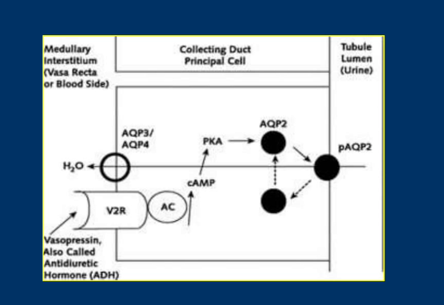So there's a gradient across the tubule lumen and the interstitium in osmolality. So water is going to run down the osmolar gradient from the tubule lumen to the higher osmolality interstitium. But it does so only if vasopressin stimulates insertion of active water channels, aquaporin 2, at the apical membrane.